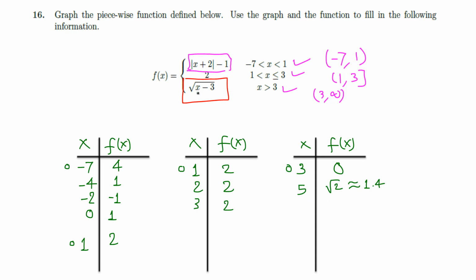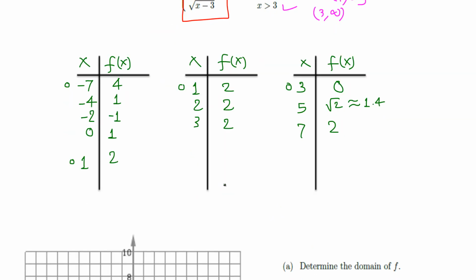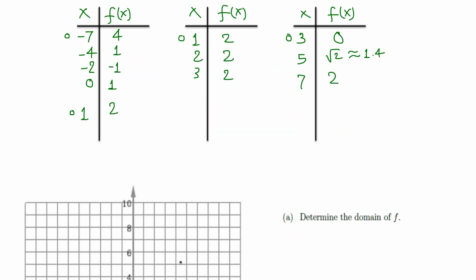And let's go 7: 7 minus 3 is 4, square root of 4 is 2. I chose 7 so that we could do this, and this should be enough. Now let's plot these values.